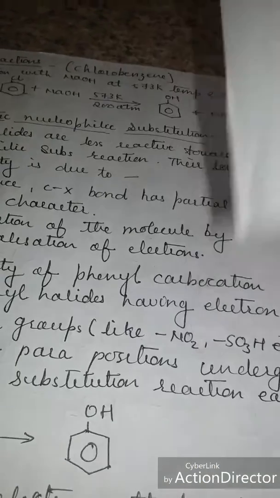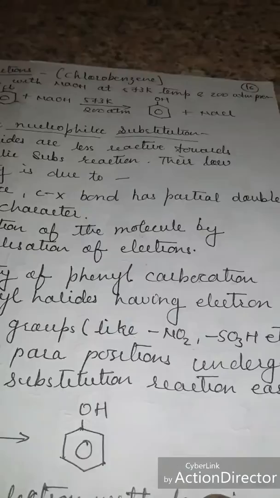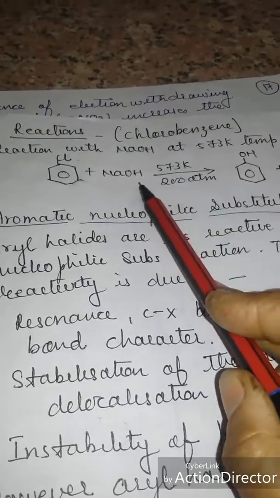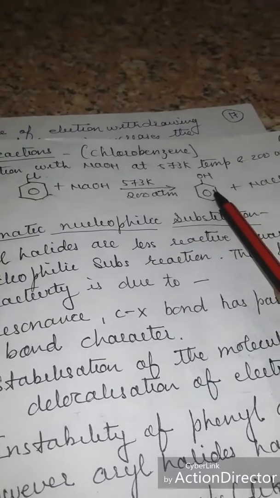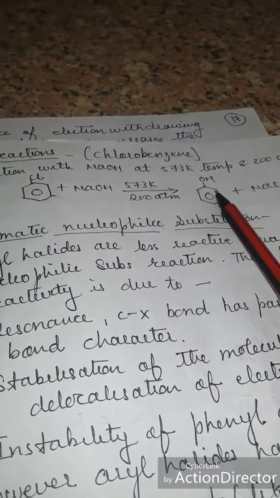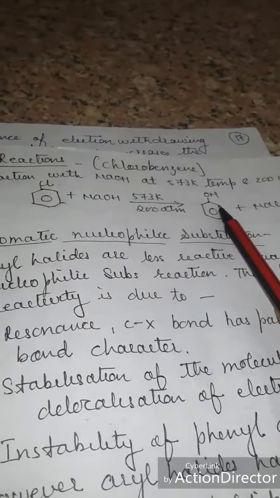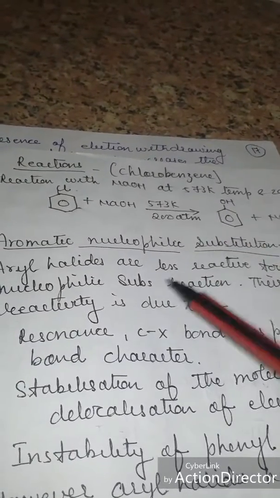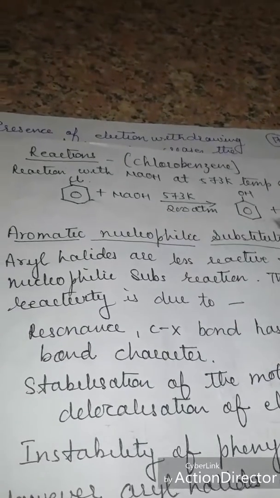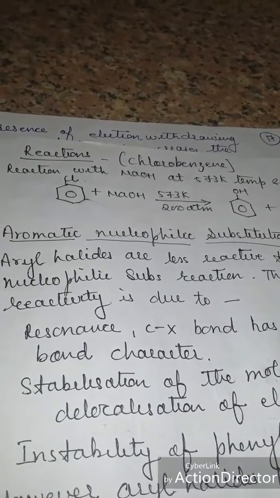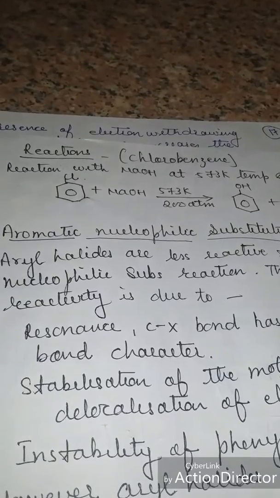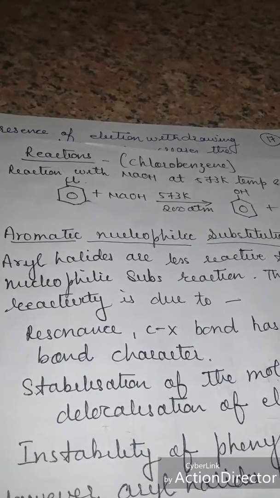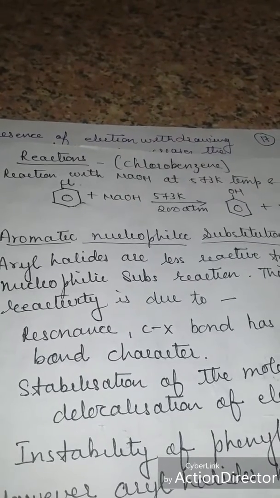Now let us talk about the reactions. They react with NaOH, so they will give you the corresponding phenol. Now aromatic nucleophilic substitution is somewhat difficult, it may be due to resonance, that is the C-X bond is having a partial double bond character, or it can be due to stabilization of the molecule by delocalization, or instability of phenyl carbocation.